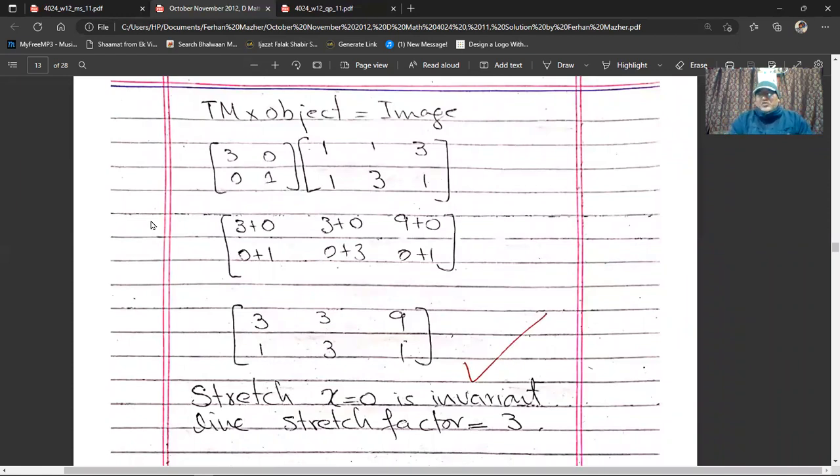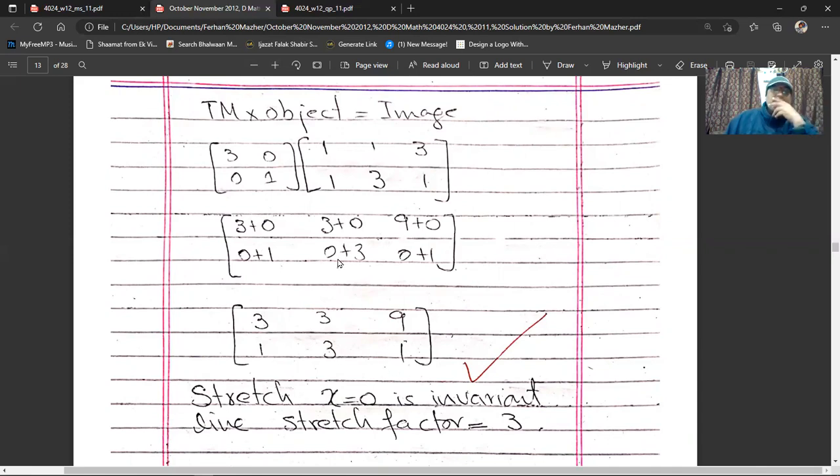So I have supposed an object, a right angle triangle. The transformation matrix is 3, 0, 0, 1, and the object's coordinates are (1, 1), (1, 3), (3, 1). Just multiply the transformation matrix with the object and you will get the image, which is (3, 1), (3, 3), (9, 1).